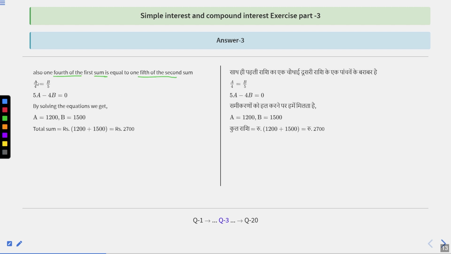So we can write A upon 4 equals B upon 5. By this we get the equation 5A minus 4B equals 0. By solving the equations we get A equals 1200 and B equals 1500. So the total sum will be 1200 plus 1500, which is 2700.